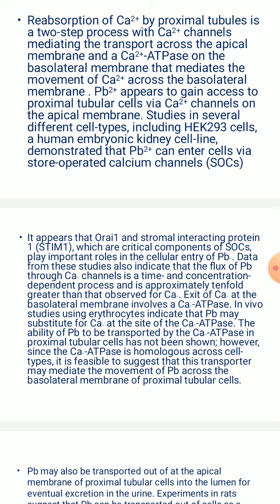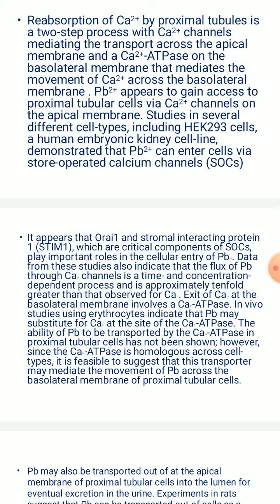The ability of lead to be transported mainly by the calcium ATPase in the proximal tubular cells has been shown, since the calcium ATPase is homologous across cell types. So it is very feasible to suggest that this transporter may mediate the movement of lead across the basolateral membrane of the proximal tubular cells. Understanding?